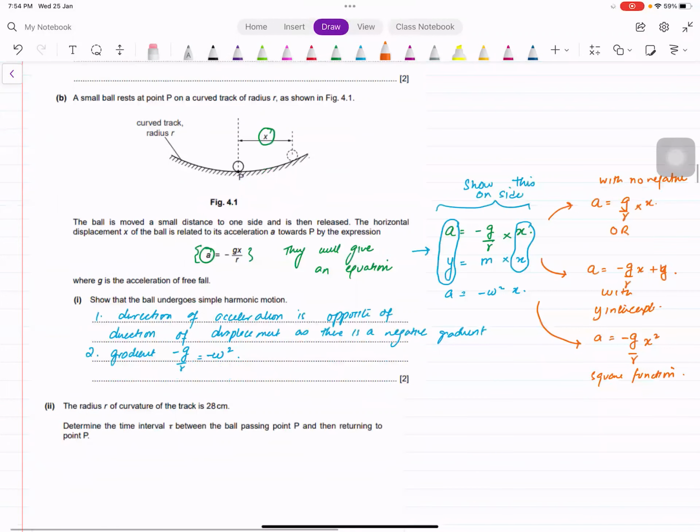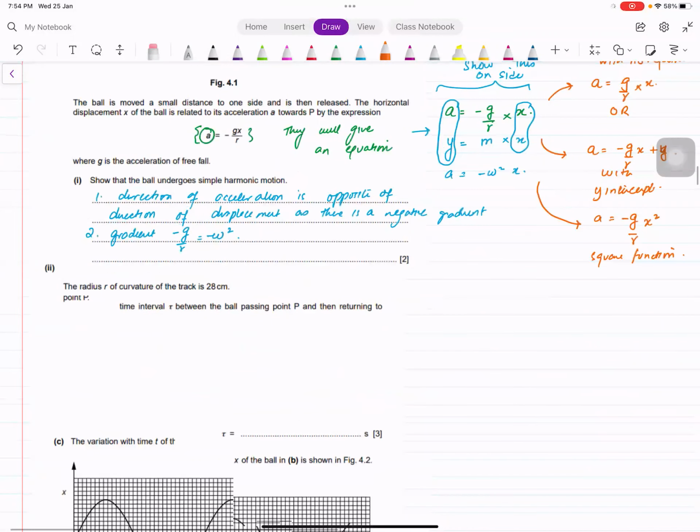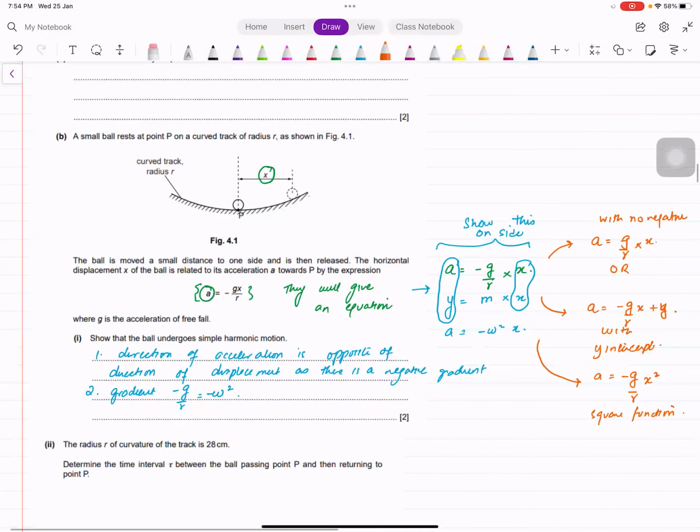Okay, so all these three, all the orange ones, would be wrong, because they do not conform to the rules. One has no negative, one has a y-intercept, one has a square function. So that's not possible, right?